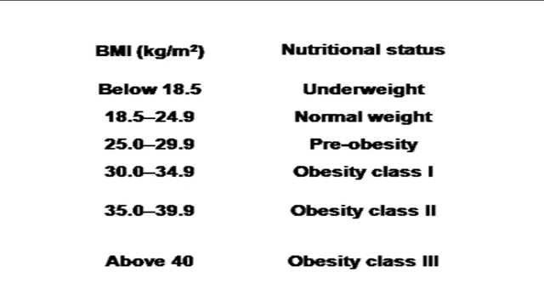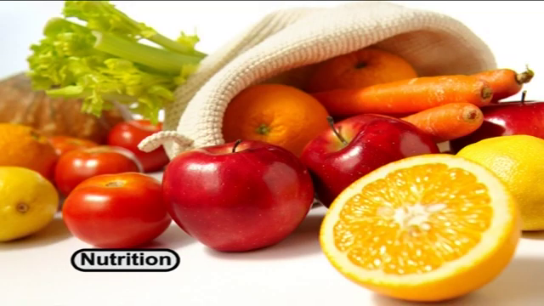A BMI between 35 to 39.9 is considered as obese class 2, and BMI above 40 is considered as obese class 3. Thus, the conclusion is nutrition is a basic human need and a prerequisite to a healthy life.